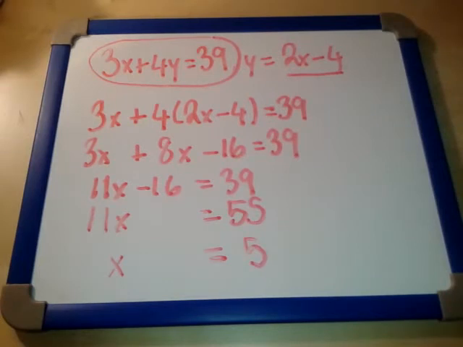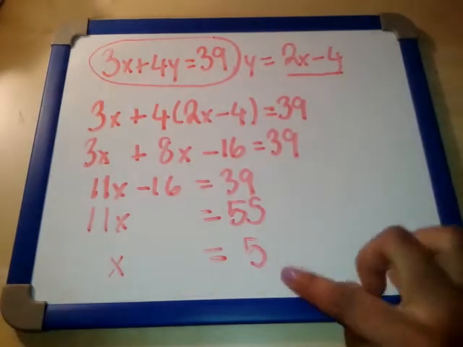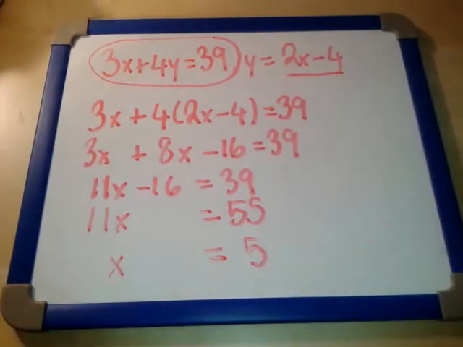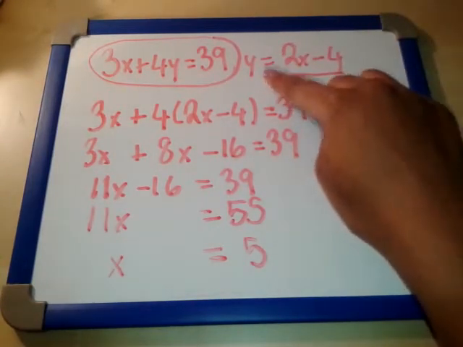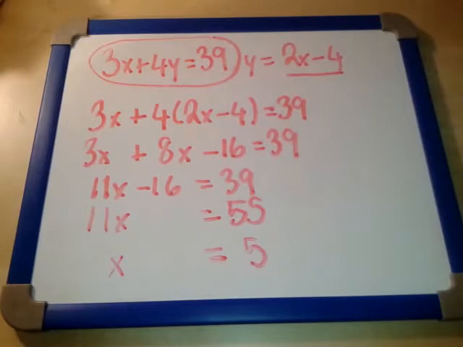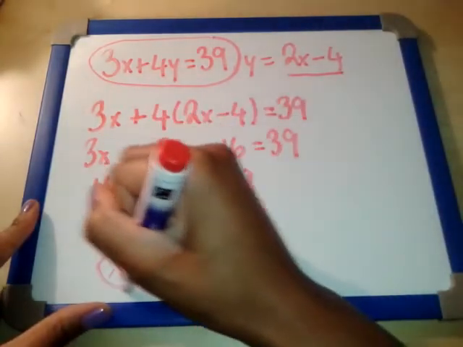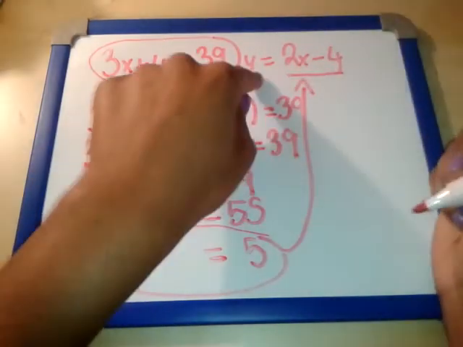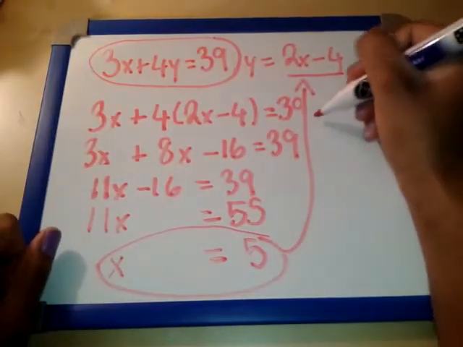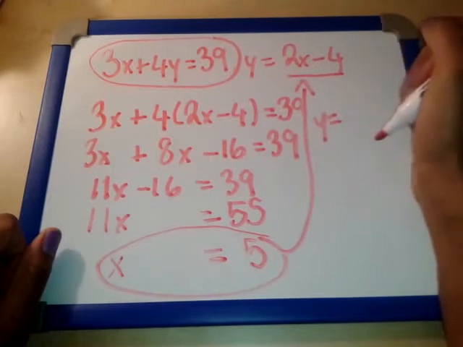Now most people think that once they've found the x value that they've finished answering the question, but we still need to find out a value for y. And the easiest way to do this is to put our known value for x back into the equation for y equals. So y equals 2x minus 4.